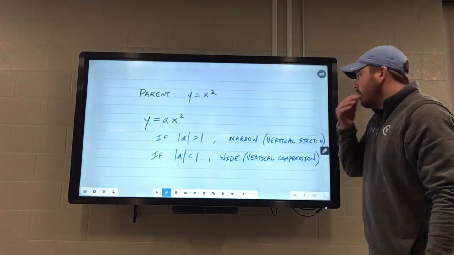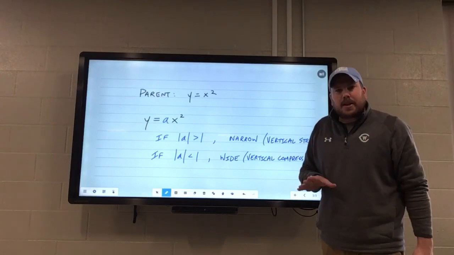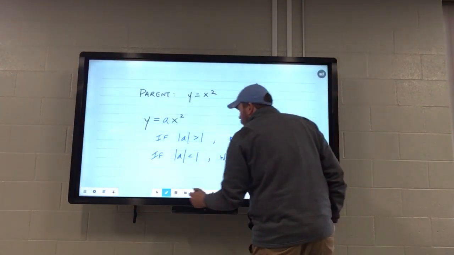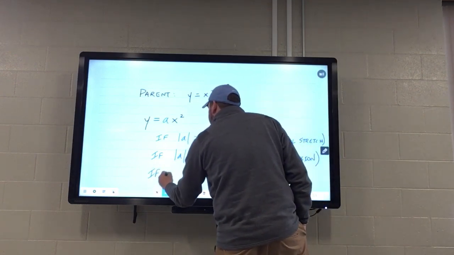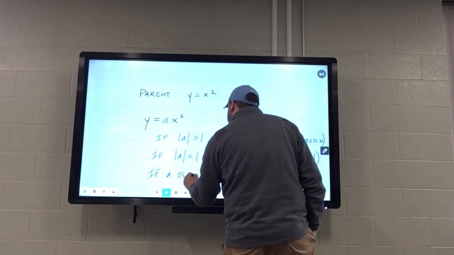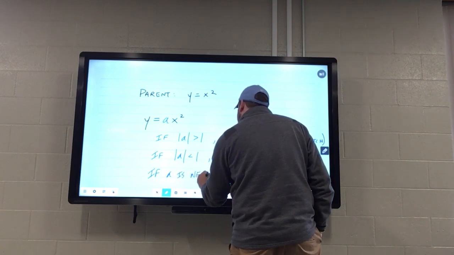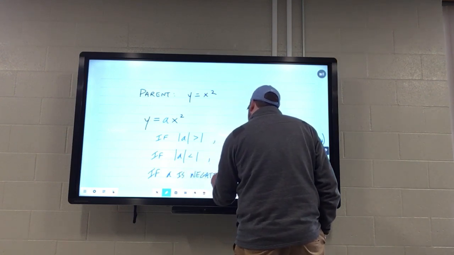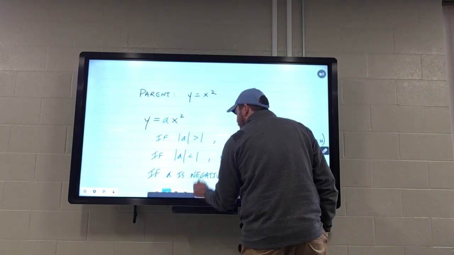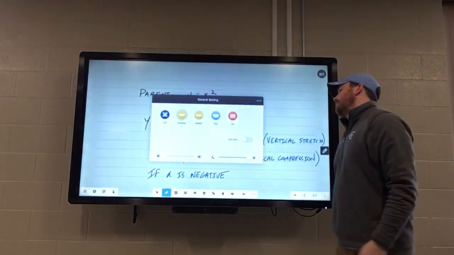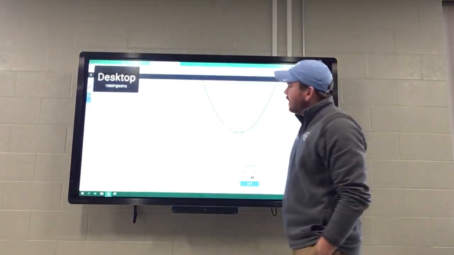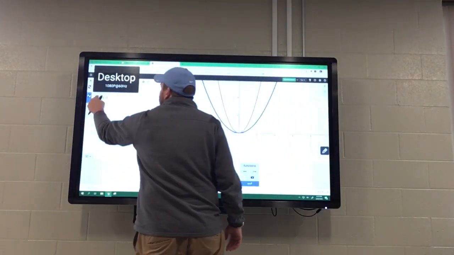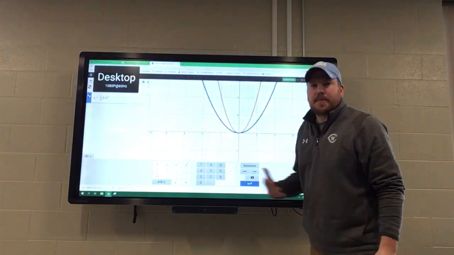All right? And the last thing I want to show you, one more thing, all right? If a is a negative number, well, let's see what happens. If I go ahead and make this a negative number, so we'll keep it 1/3.